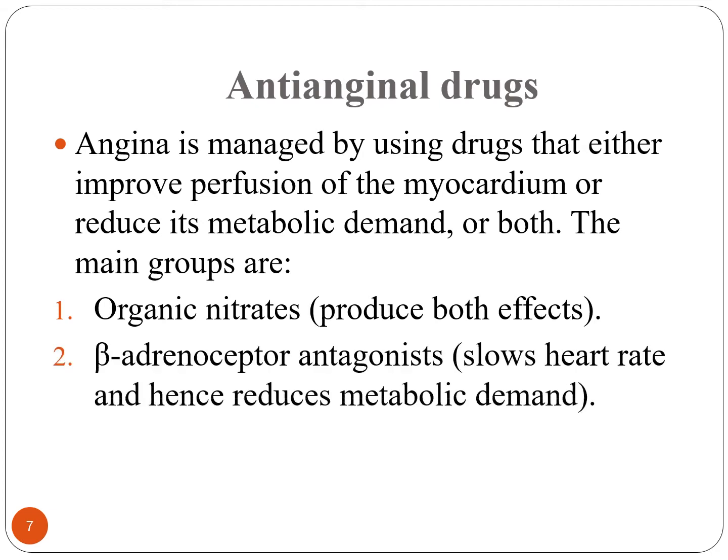We have also the beta blockers, and we know the beta blocker, beta adrenoreceptor antagonist, because they slow the heart rate and hence reduce the metabolic demand of the oxygen. كونها تقلل لي من الهارت ريت معناها حتقلل من الاكسجين ديماند، معناها عالجت لي المشكله تحت الانجينا اللي هي فيها imbalance between the supply and demand for the oxygen.